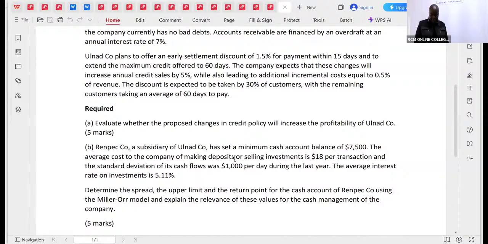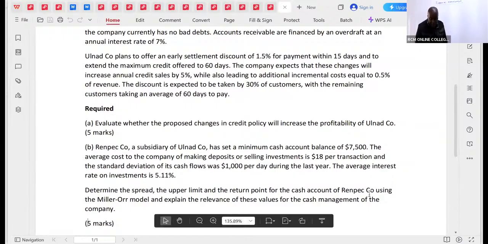So they want us to determine the spread, the upper limit, and the return point for the cash account of Renpec company using the Miller-Orr model and explain the relevance of these values for the cash management of the company.